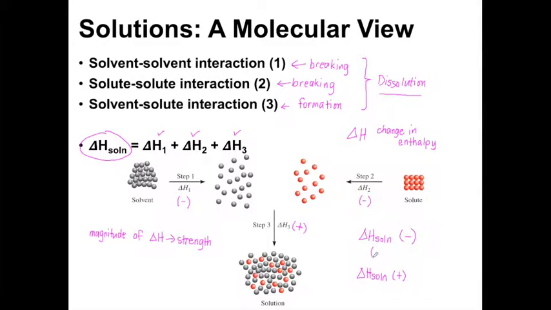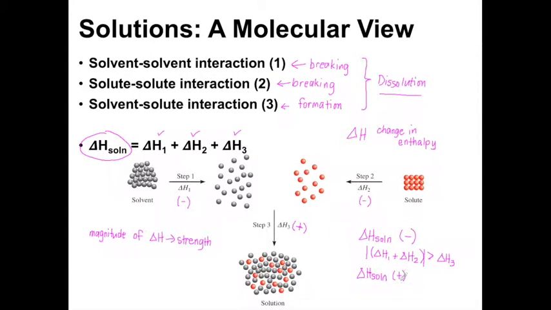So, a negative delta H solution will arise if the sum of delta H1 and delta H2 is much greater than delta H3. So this is the absolute value.